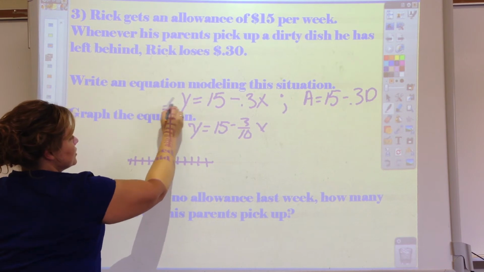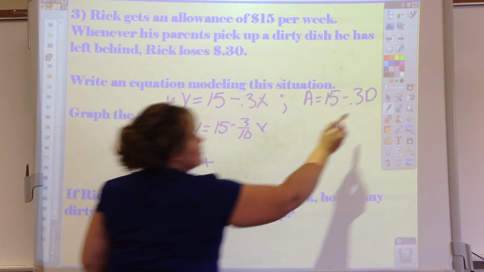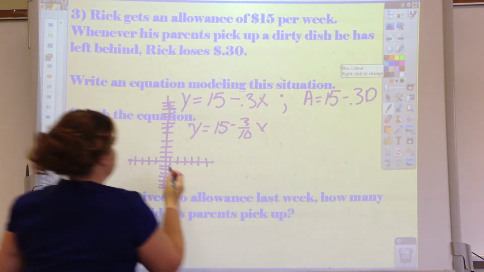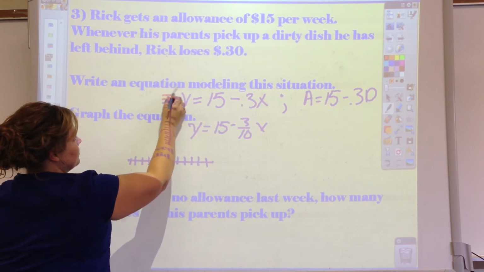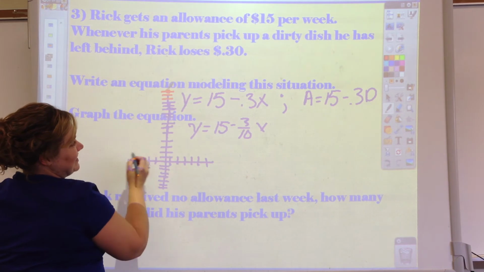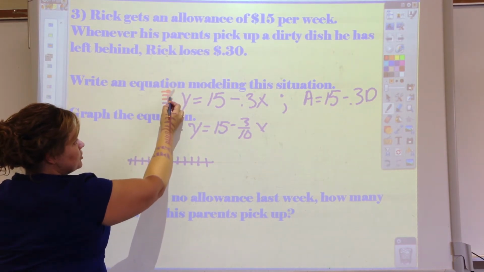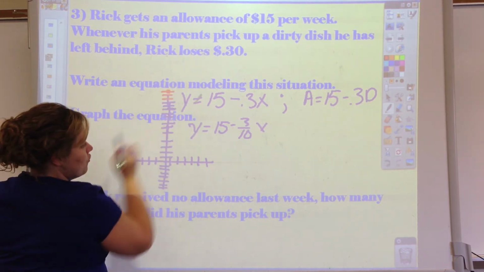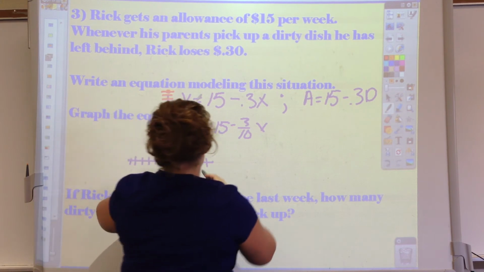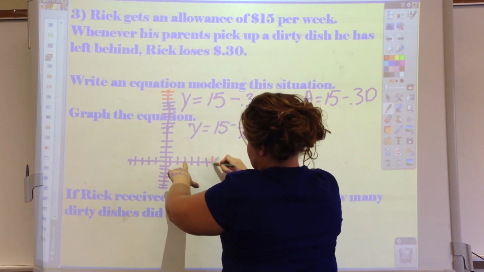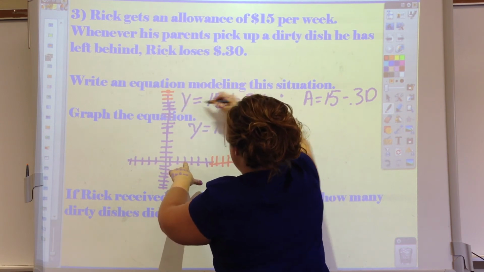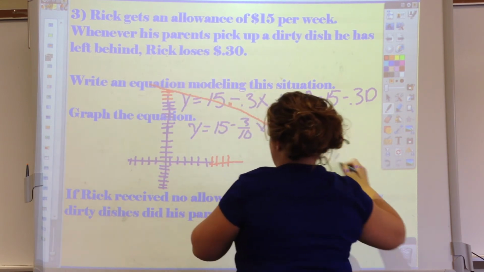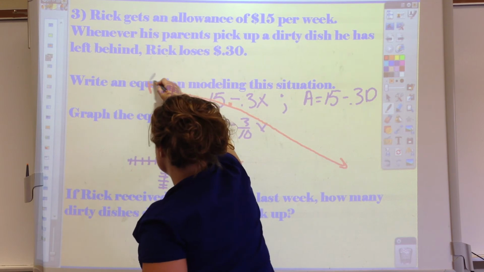So if I have enough dash marks up here, I'm going to go up 15, 1, 2, 3, 4, 5, 6, 7, 8, 9, oh, I need 3 more, 15, and then I'm going to go down 1, 2, 3, and over 10. So 1, 2, 3, 4, 5, 6, 7, 8, 9, 10. And I connect the dots. Does everybody agree with that?